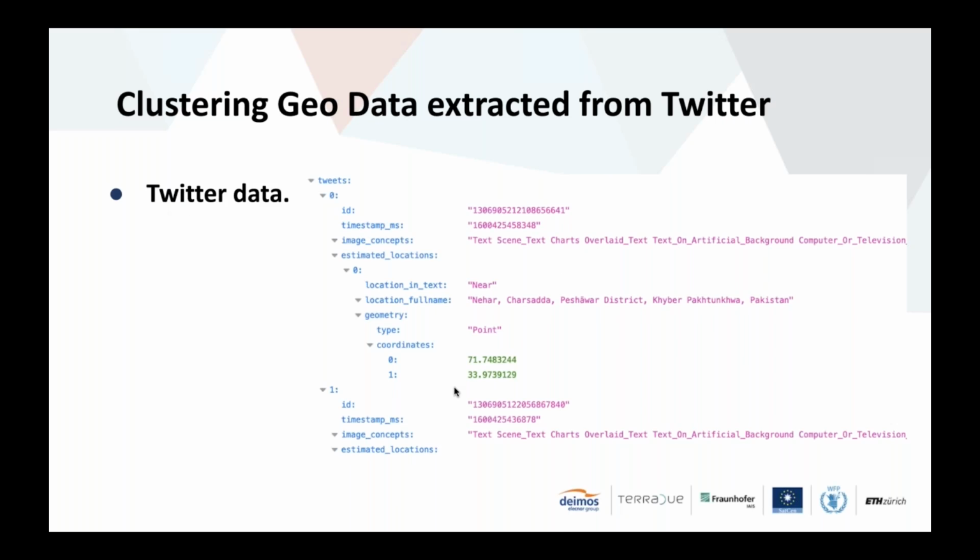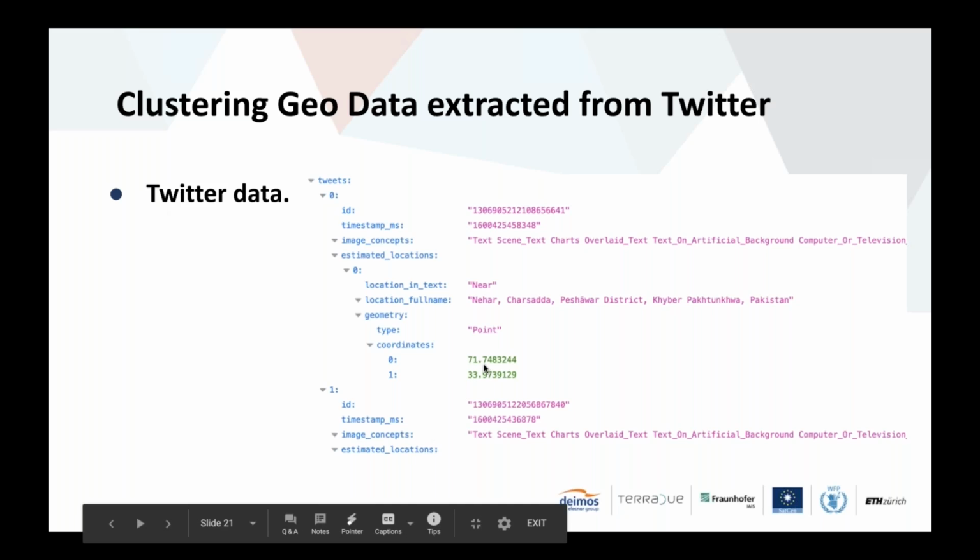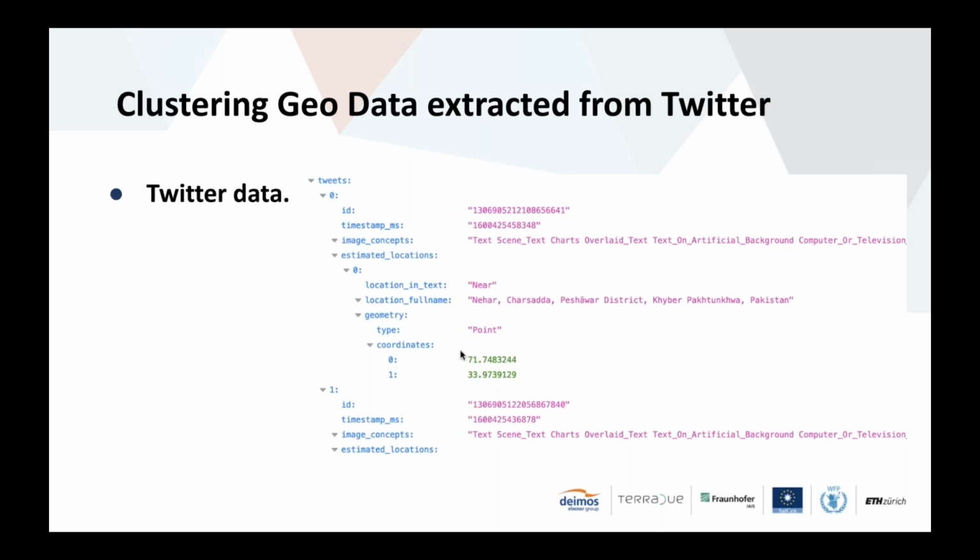How does it look? It is a JSON file. Inside it, you will see the tweets and the number of tweets. They have IDs and timestamps. They have an image concept extracted from the image, and then the location, both as the type of place and also the geolocation, the coordinates. What we will use in this exercise are these coordinates and the image concepts.